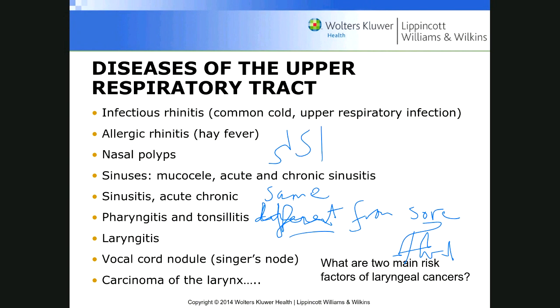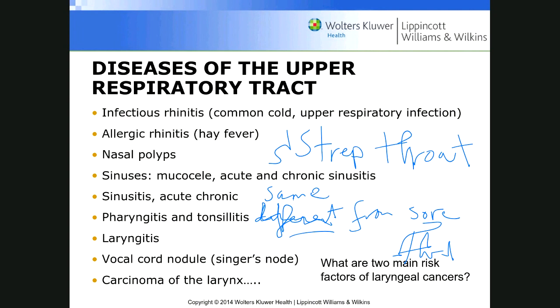Strep throat is different. Strep throat is caused by a streptococcus, group A streptococcus. With strep throat, you can treat it with antibiotics, whereas pharyngitis is caused by a virus, and you can't treat it with antibiotics. So let me write it down.